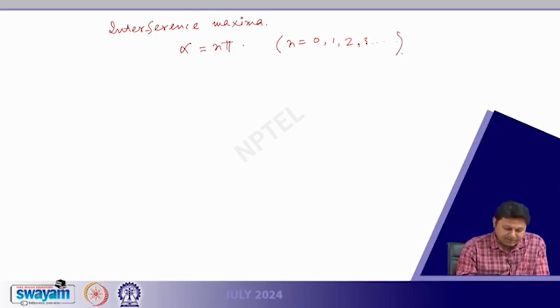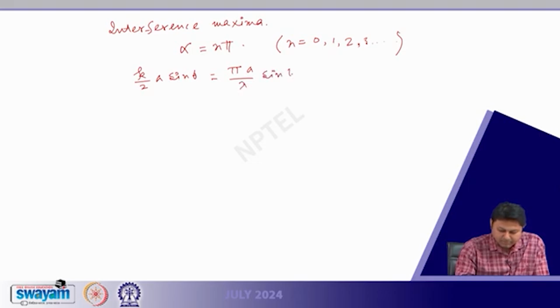This condition leads us to k by 2 a sin theta, or pi a divided by lambda sin theta, equal to n pi, or the simple condition a sin theta equals n lambda.